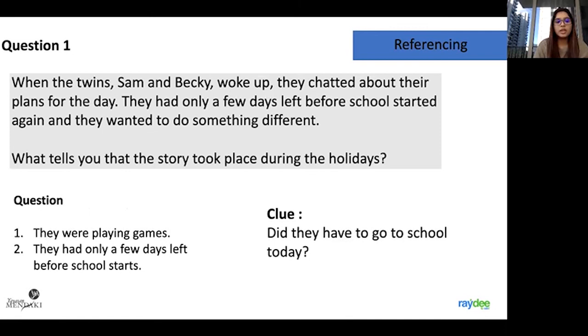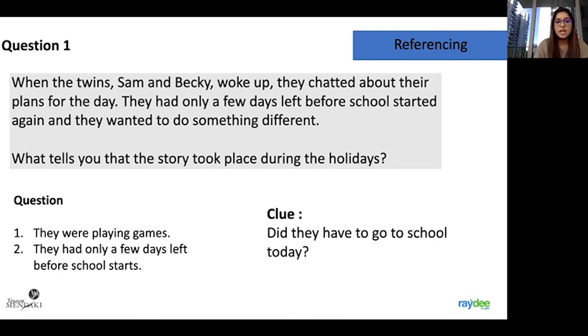Okay, so here, question 1. When the twins, Sam and Becky, woke up, they chatted about their plans for the day. They had only a few days left before school started again, and they wanted to do something different. What tells you that the story took place during the holidays?